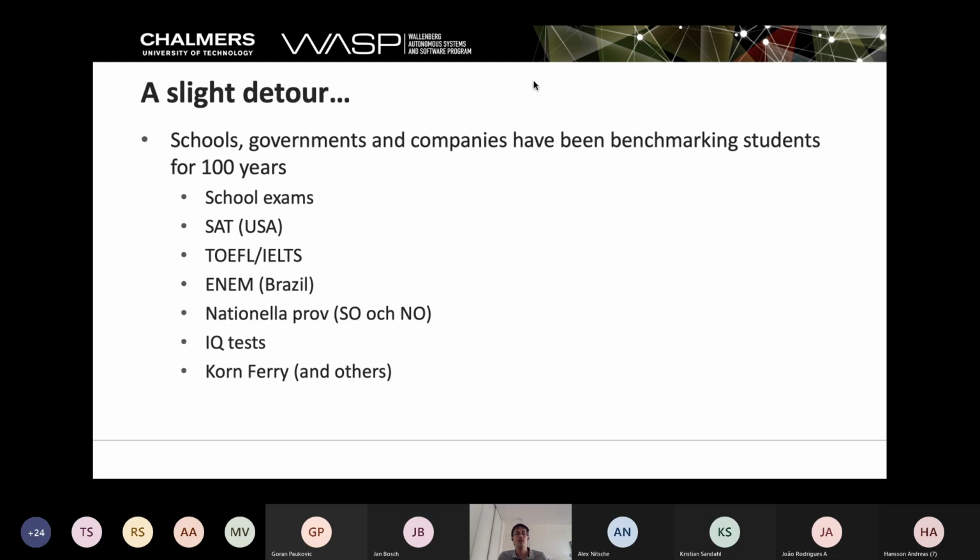This includes school exams, SAT, TOEFL, national exams, IQ tests, even those Corn Ferry personality assessments and so on. All of those are a form of benchmarking students, because in the end you want to compare which student has a higher ability, performs better, knows better English, or whatever you are trying to assess.